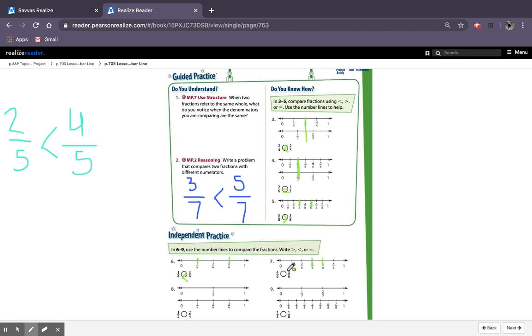I know that 4/6 is closer to 1 as well, so 4/6 is greater than 3/6. Half and 2/4 line up perfectly, so they're equal to each other. And then 1/3, I'm going to bring my line down, and 1/8. 1/8 is closer to 0, so I know that 1/3 is greater.